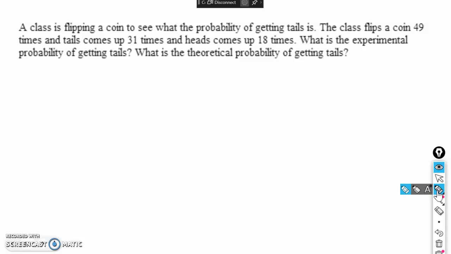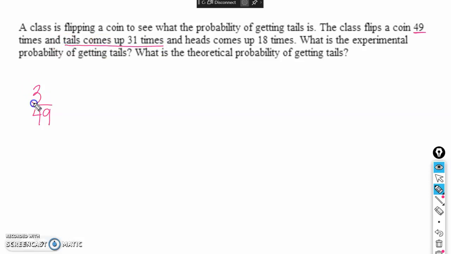So the experimental probability is the probability that you're given within your problem. They tell us that the coin is flipped 49 times. So 49 is our sample space. Out of those 49 times, it came up tails 31 times.